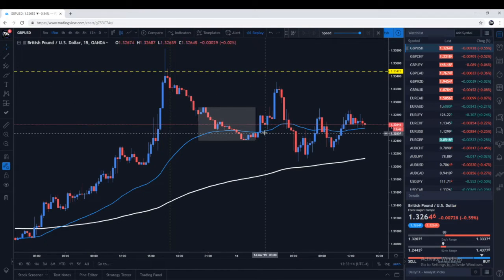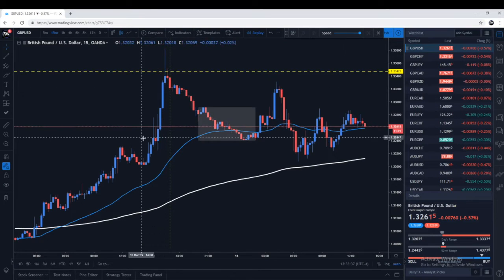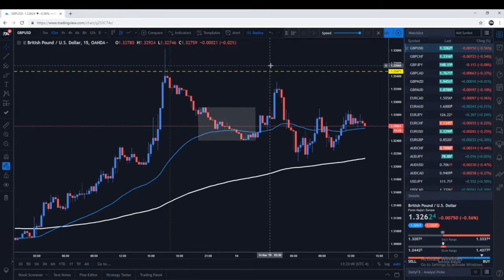It allows the traders that were originally trapped here to be released from that trade, letting them break even. Being pound USD, it's a very popular pair, obviously, so you're going to have a lot of volume trapped here.